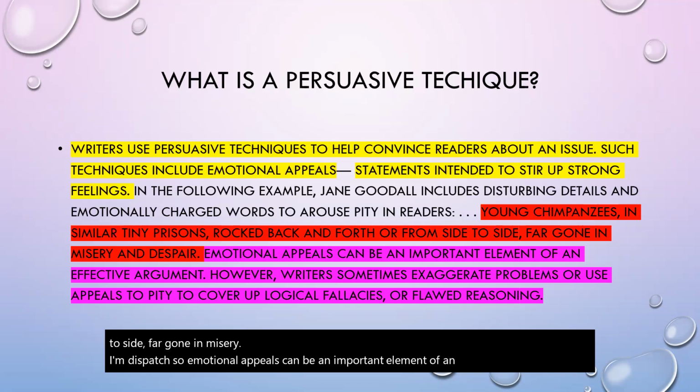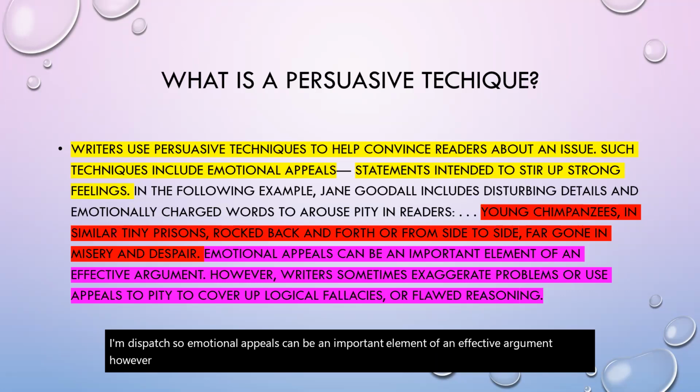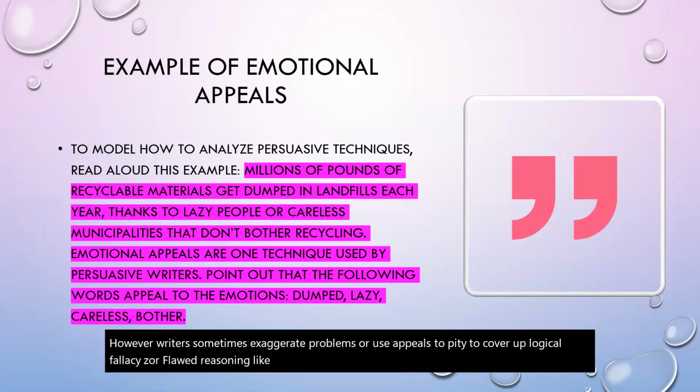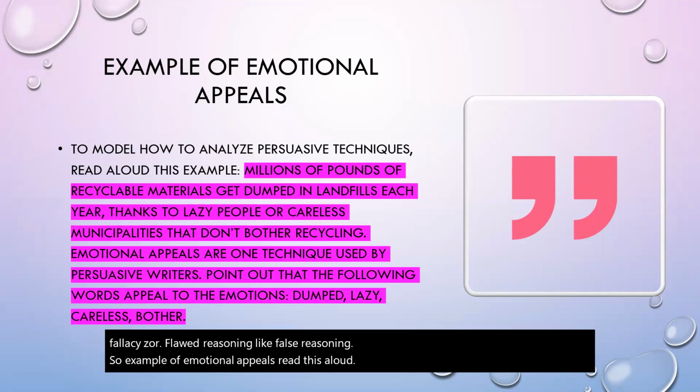However, writers sometimes exaggerate problems or use appeals to pity to cover up logical fallacies or flawed reasoning, like false reasoning. So example of emotional appeals, read this aloud and you will understand how effective the words are.